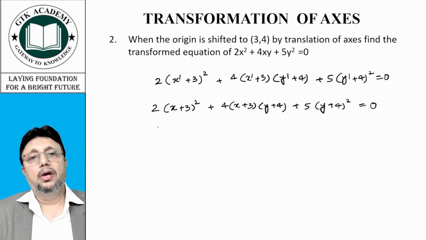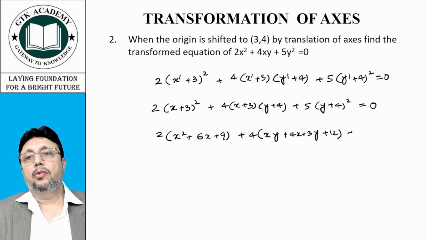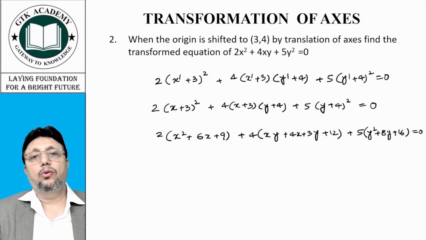Now this becomes 2(x square plus 6x plus 9) plus 4(xy plus 4x plus 3y plus 12) plus 5(y square plus 8y plus 16) is equal to 0.